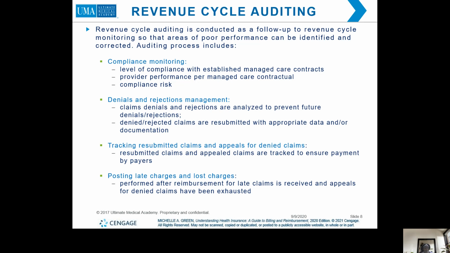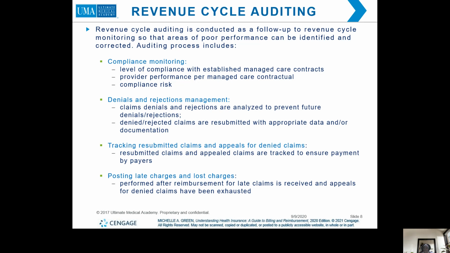So we have an internal audit. So what are we looking for? We look for compliance. And remember, there's also managed care, there's fee for service. I don't think we've gotten there yet, but we're looking for compliance. Compliance means are we doing things within the rules? We look at denials and we look at rejections, and we want to know why are the claims being rejected?